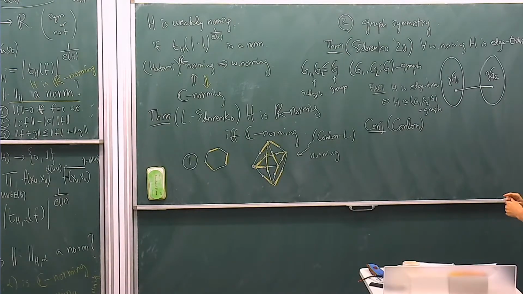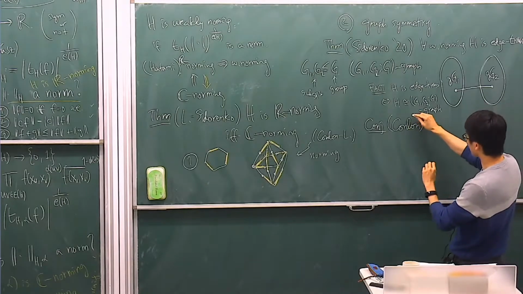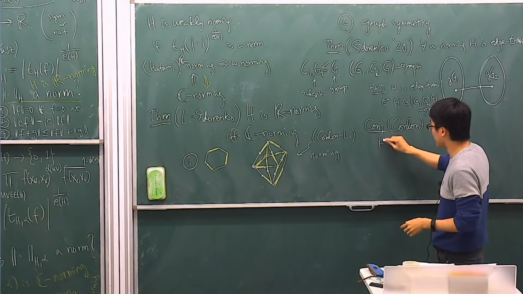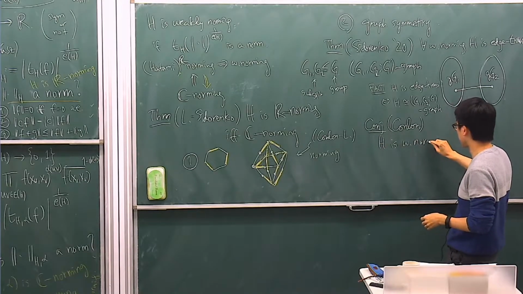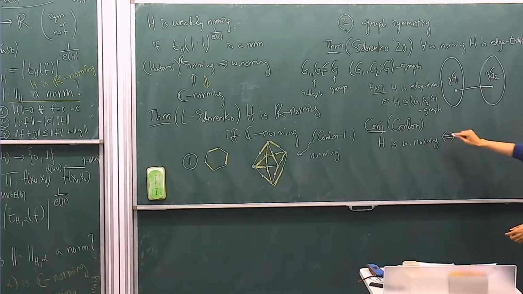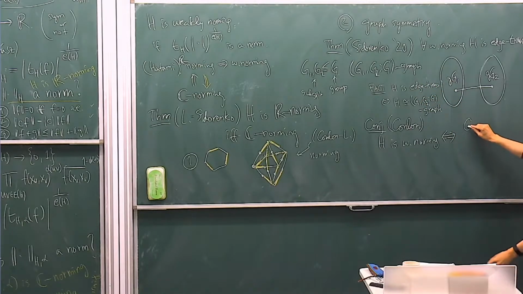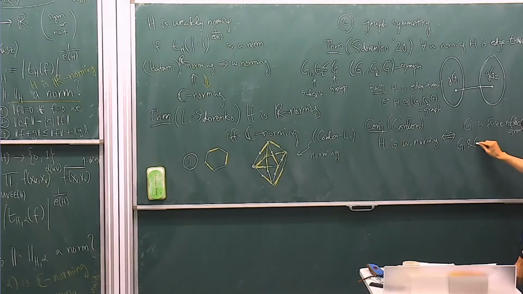His conjecture states that a graph H is weakly norming if and only if we have a special choice for G1, G2, and G. Here G is a finite reflection group, and G1 and G2 are parabolic subgroups, no matter what that means.